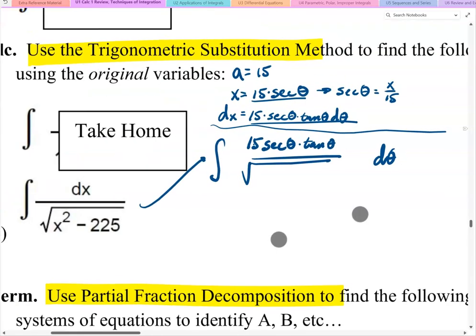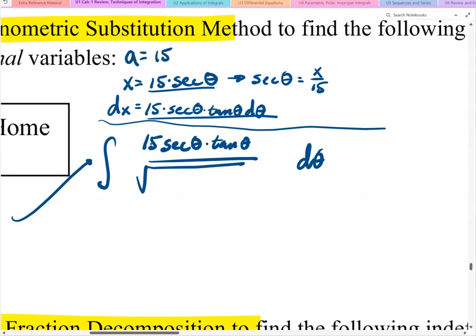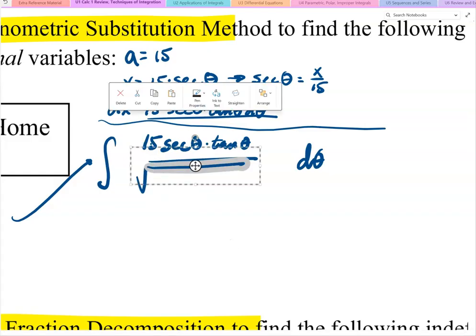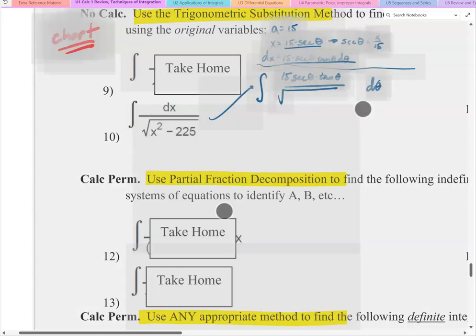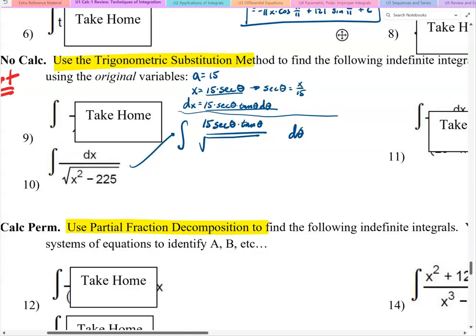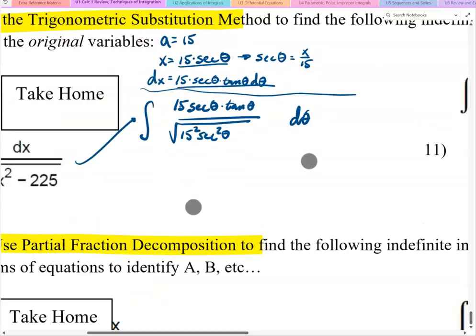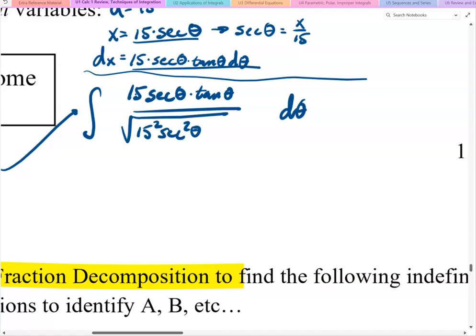Now my x squared is getting replaced with this x, and I'm squaring it, so I'm just going to call that one, here we go. All right, 15 squared secant squared. So that takes care of my x squared minus 225, and I'm going to call that one as 15 squared.